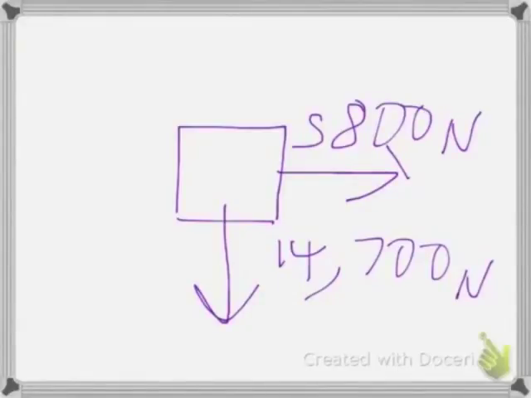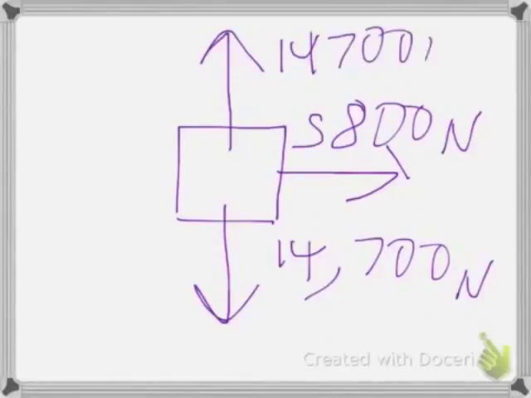That's the force the road is pushing back up on the car, so that's going to be our normal force. That's 90 degrees from the bottom of my box, going straight up, 14,700 newtons.